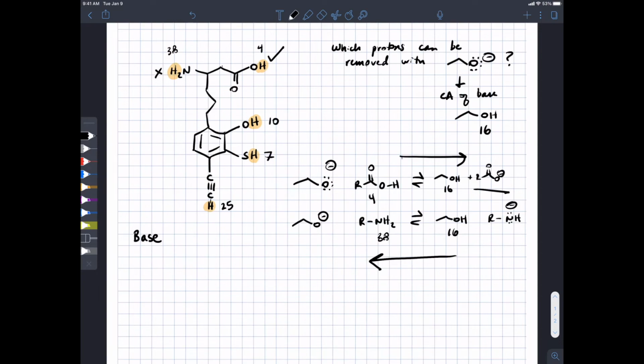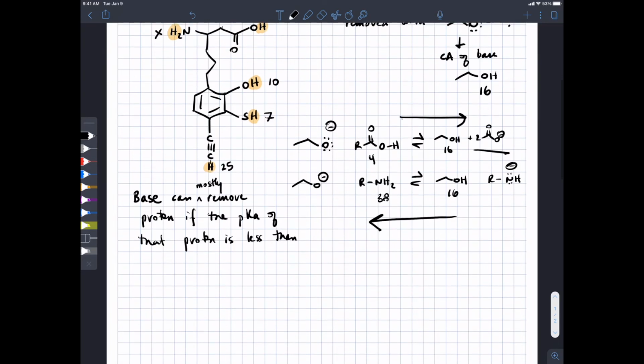A base can remove a proton if the pKa of that proton is less than, and I'm going to insert a word here, mostly. A base can mostly remove a proton if the pKa of that proton is less than the pKa of the base's conjugate acid.